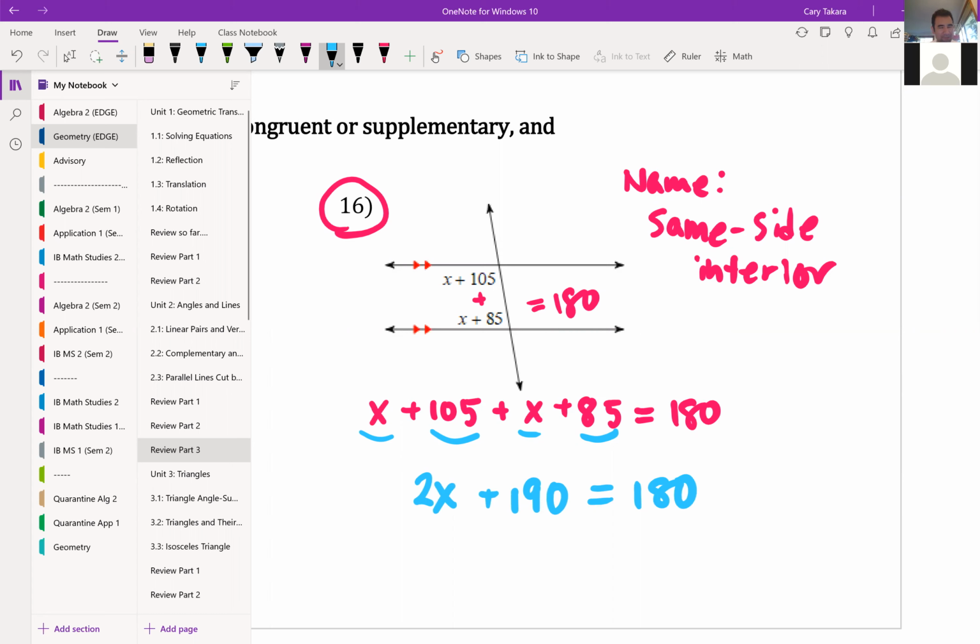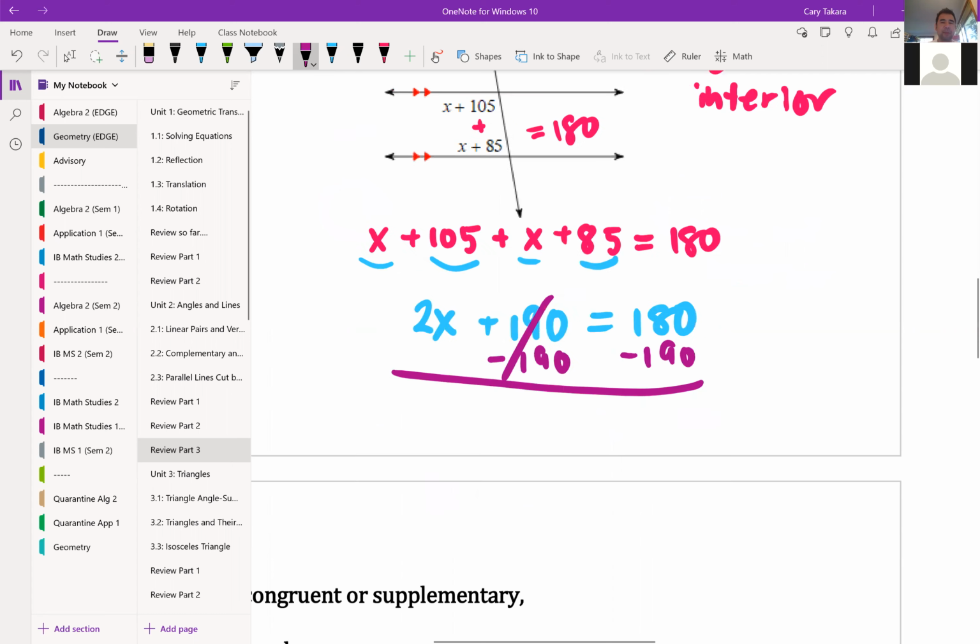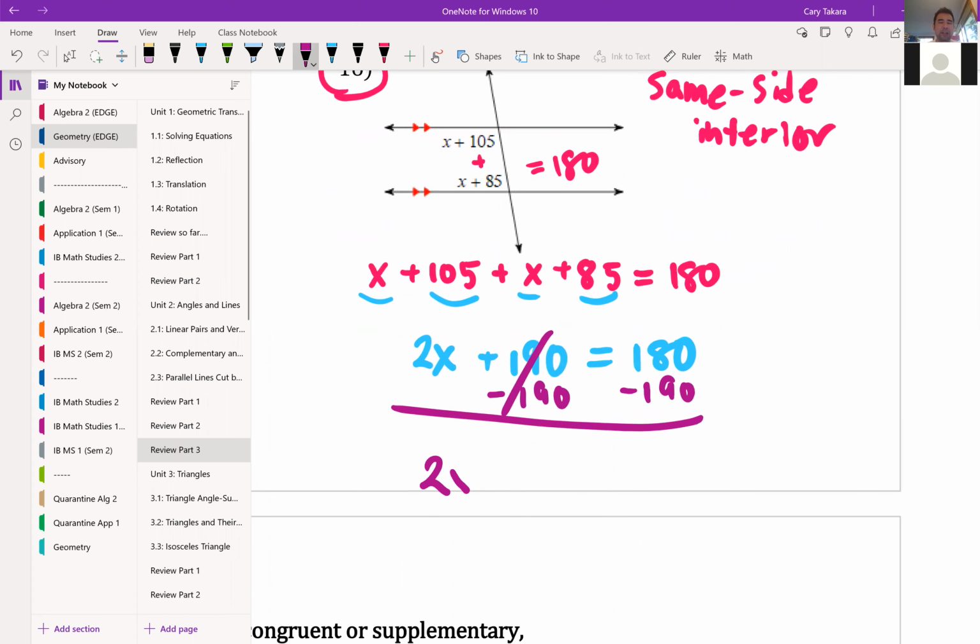It's a little bit different because we're going to get a negative number, aren't we? Now let's subtract 190 on both sides. So 2x equals what? What's 180 minus 190?